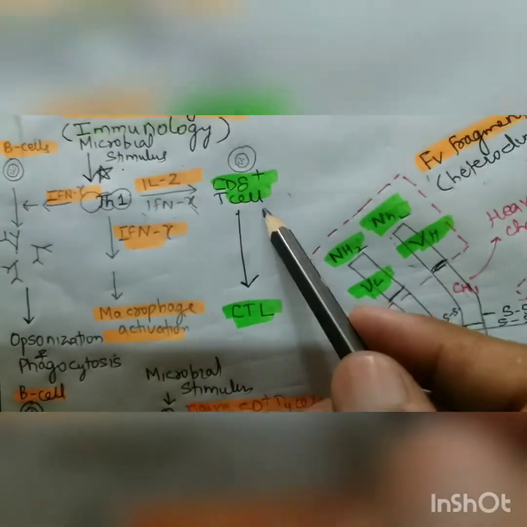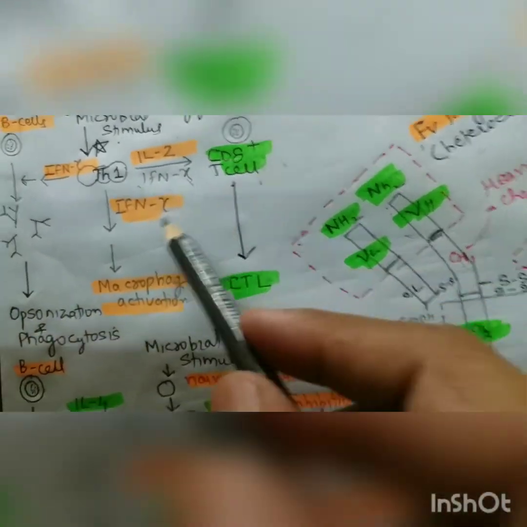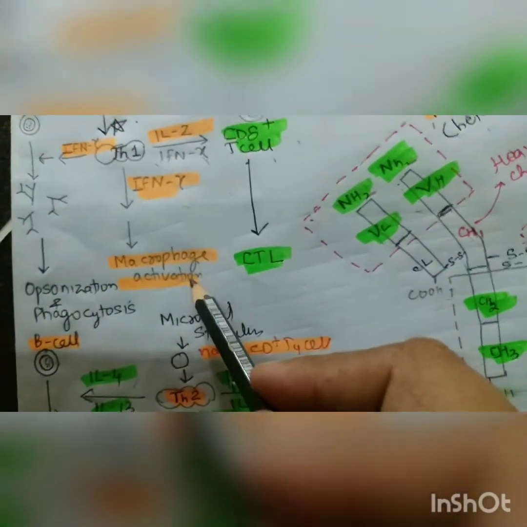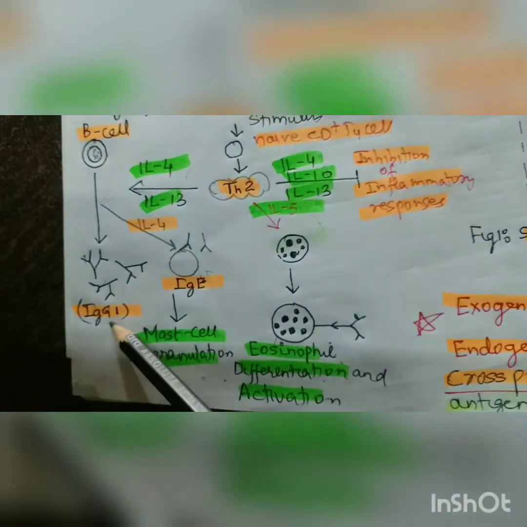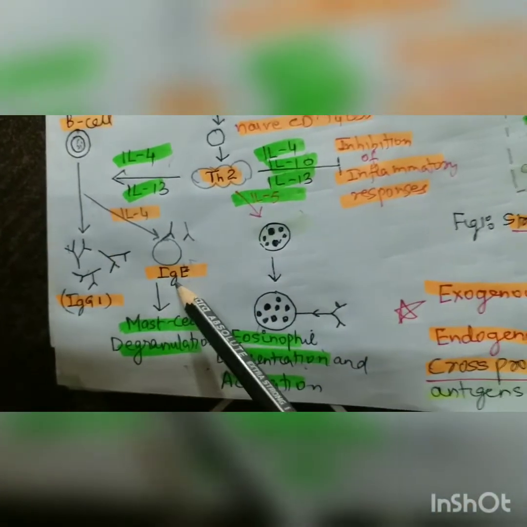So Th1 has IL-2, which activates CD8 T cells, and IFN gamma, which activates macrophages, whereas Th2 produces IL-4, which changes B cell class switching from IgG to IgE, right, which is important for allergic reactions. Then IL-10 is present in both Th1 and Th2.